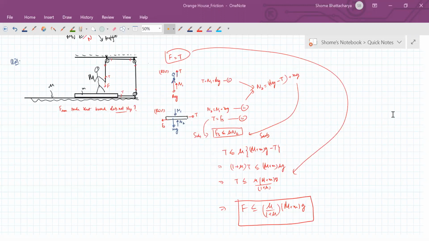Whatever force the person applies on the thread downwards, that is equal to the tension in the thread. Rest you just follow the free body diagrams. The person's free body diagram has vertical forces only, normal reaction, tension, and weight. Whereas the platform's free body diagram has vertical forces, along with that horizontal force, tension trying to pull the block, friction trying to keep it at rest. So condition for equilibrium is static friction is balancing tension.